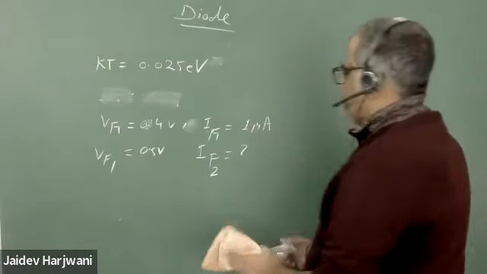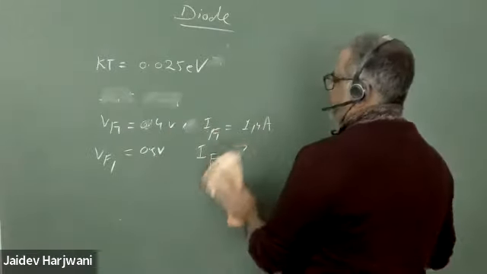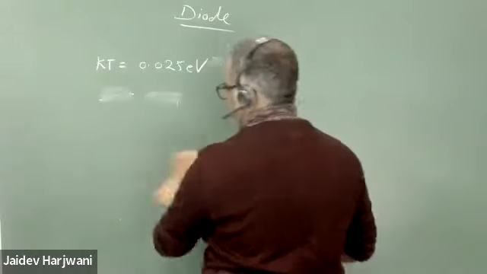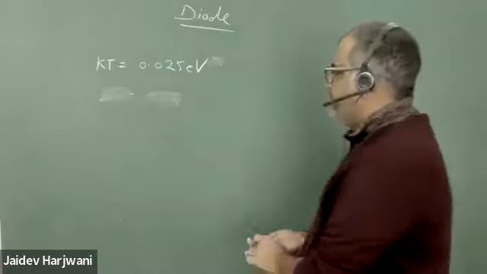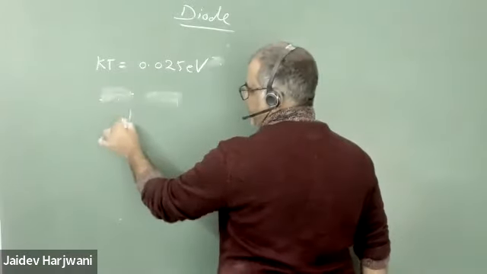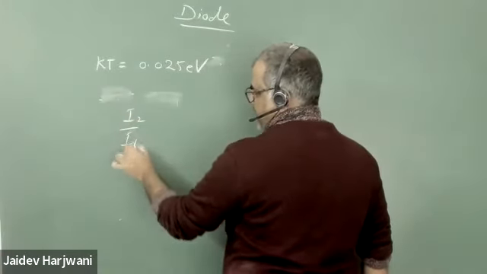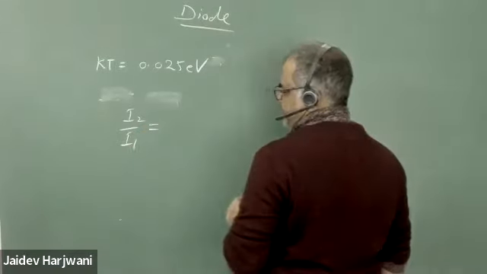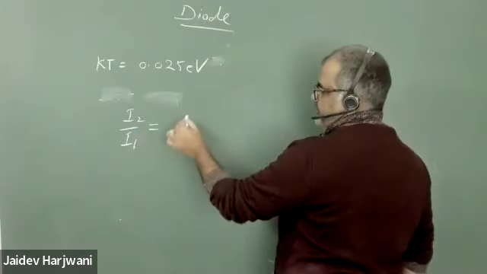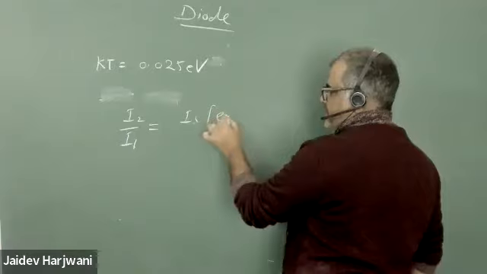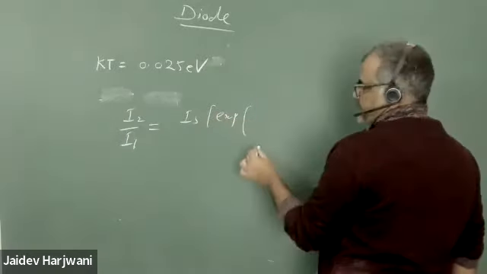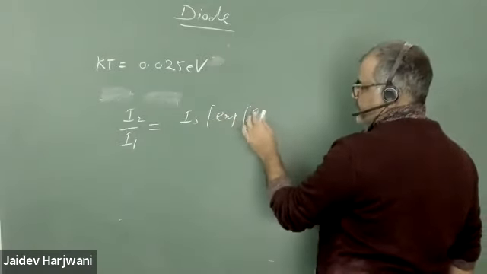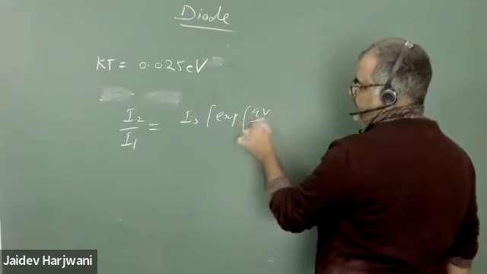Okay, so I hope you have noted down the parameters. Now what exactly are they asking? You're asking the ratio of I2 upon I1. Now I1 they have already given you, 1 microampere. So you know the current from a diode is equal to IS exponential of qV upon kT.